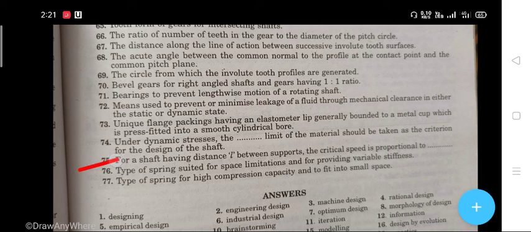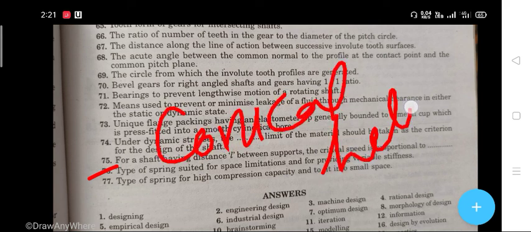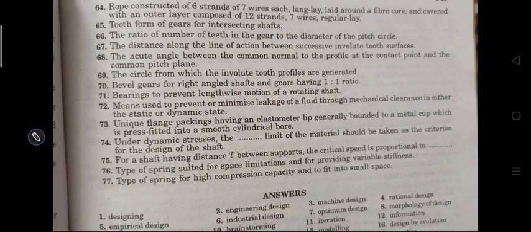For a shaft having distance L between supports, the critical speed is proportional to L to the power of minus 3/2. Next question, question 76. The type of spring suited for space limitation and for providing variable stiffness. The right answer is conical helical spring.